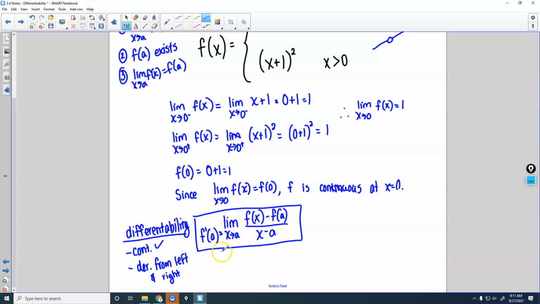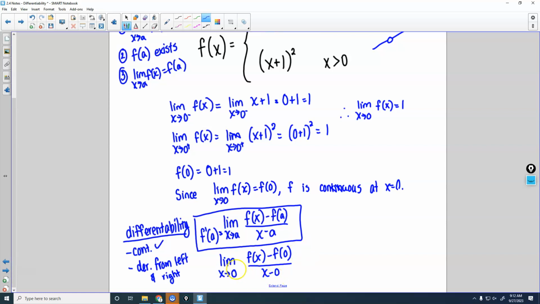So for this problem, we've got the limit as x approaches 0 from the left. What's the value we're checking here? 0. So we got 0 right here. And so we would be doing f of x minus f of 0 over x minus 0.